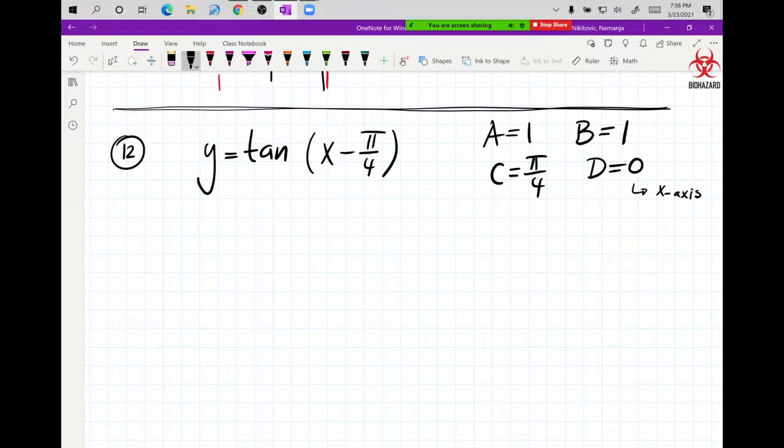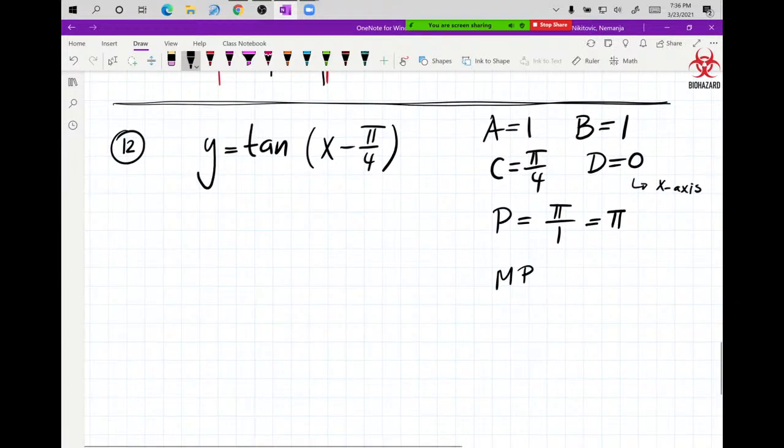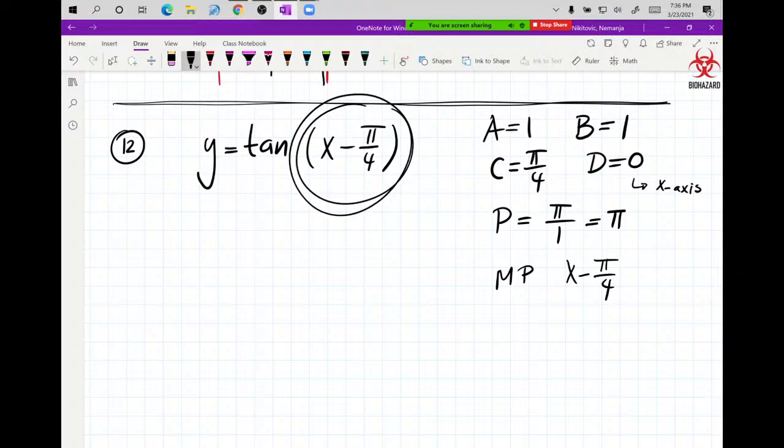Now, we have the period to be pi divided by b, so the period stays unchanged. Awesome. The midpoint is going to be the parenthesis, the whole thing over here is called the argument of tangent, equal to 0. So x equals pi over 4.